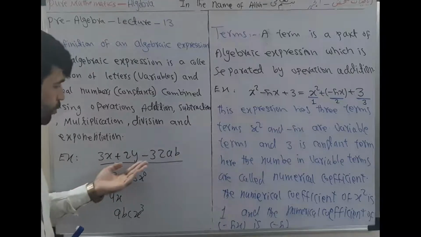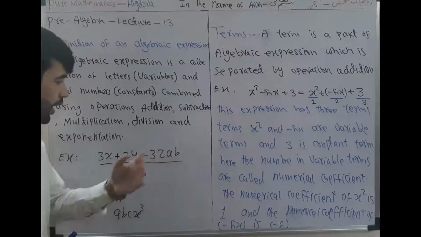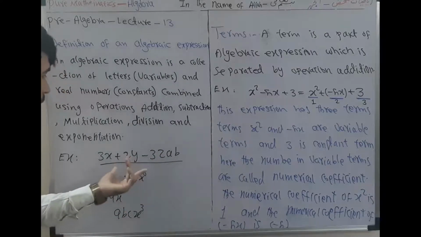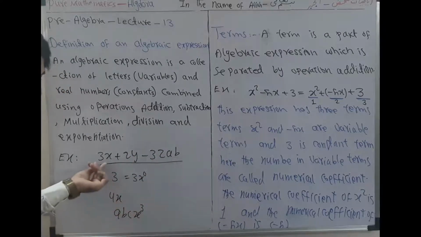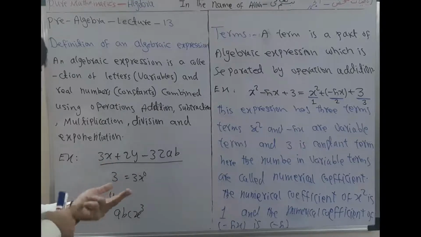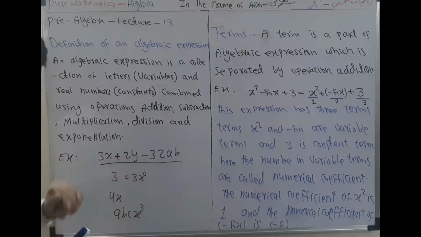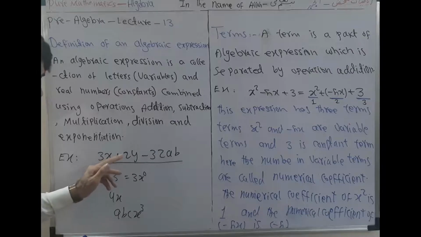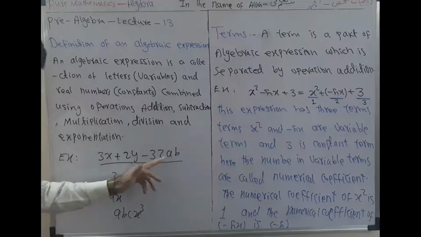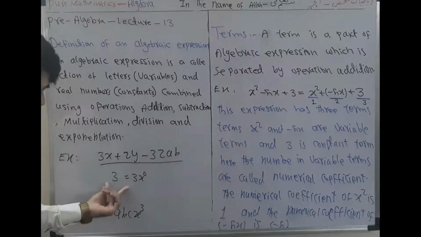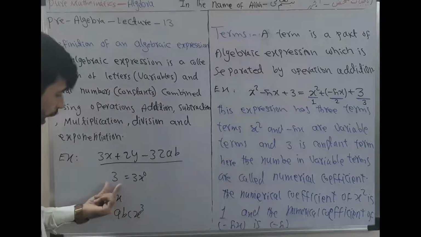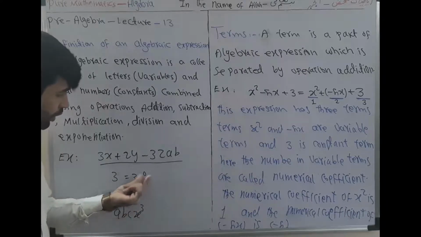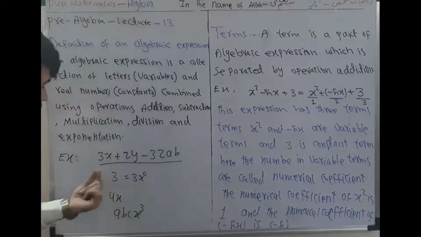Here 3x plus 2y minus 3zb is an algebraic expression because the numbers and letters are combined by addition, subtraction, and multiplication. 3 is also an algebraic expression because it is 3 times x to the power 0.